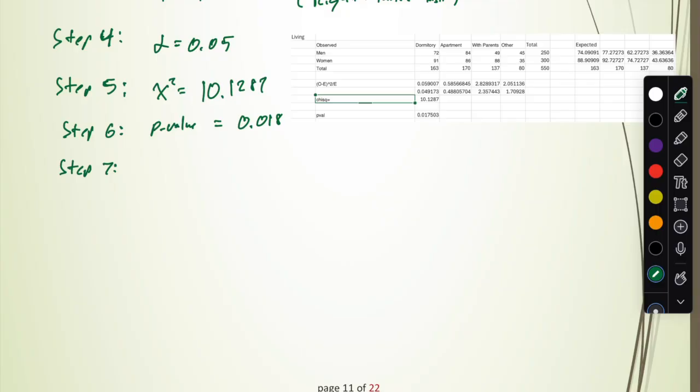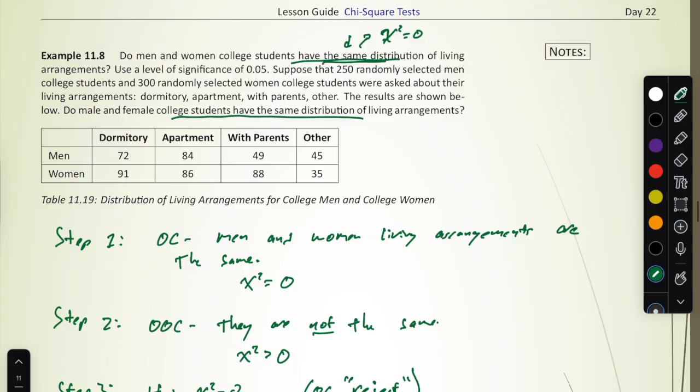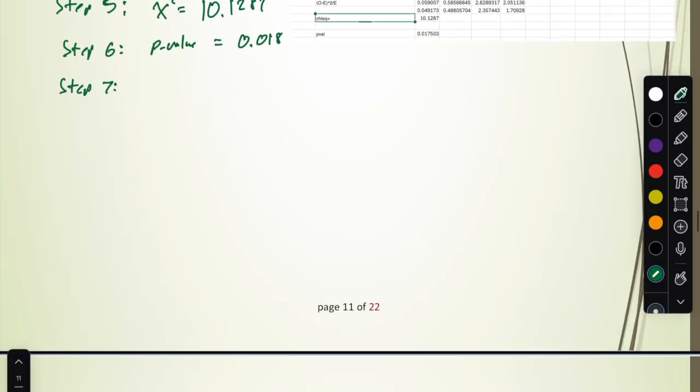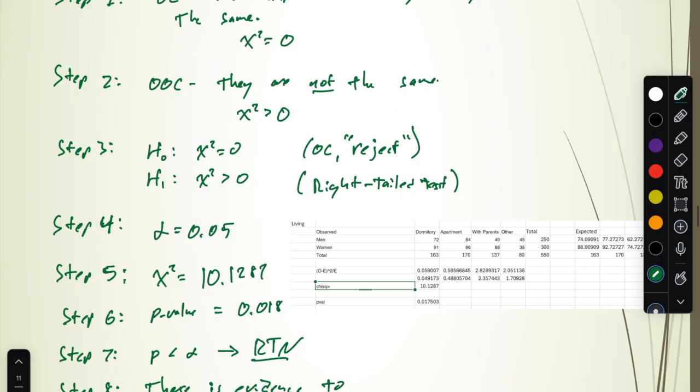Step 7, now that thing is smaller. Well, now what's my significance level? 0.05. So p is smaller than alpha. So reject the null. Step 8, since I'm rejecting the null, there is evidence to, let's go back up here, reject, right?